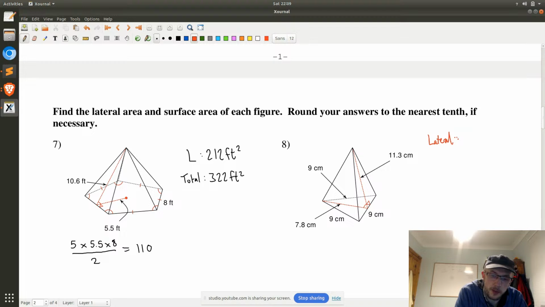So 101.7 multiplied by 3 is 305.1. And then divide that by 2, and you will get 152.55. But they want it to the nearest tenth, so we'll say that.